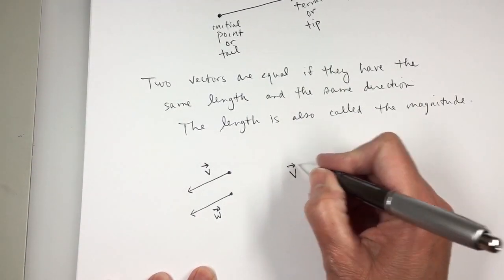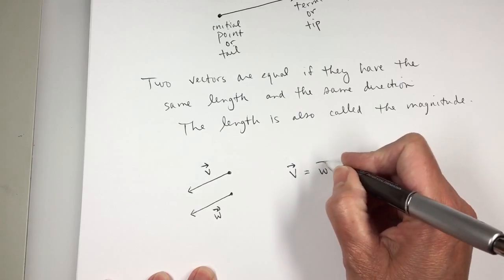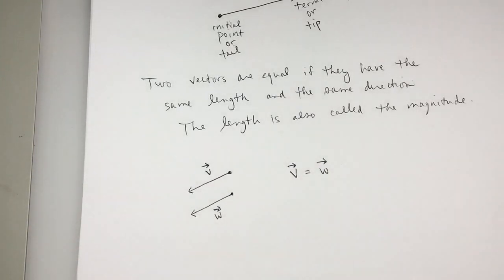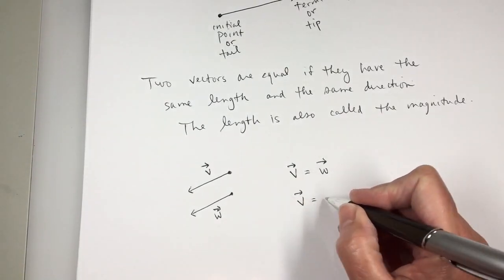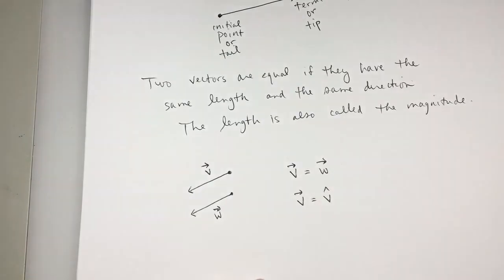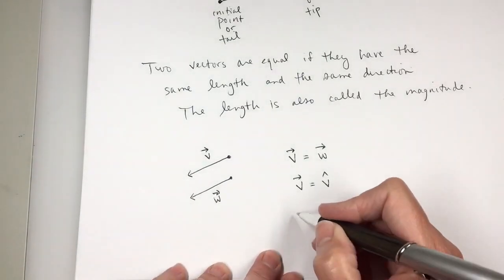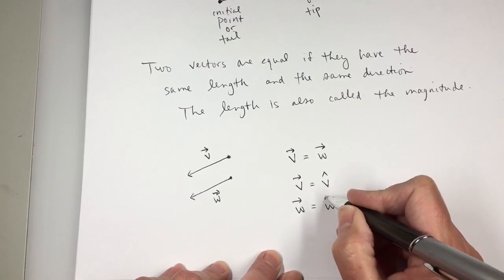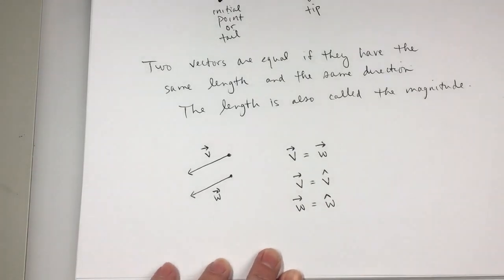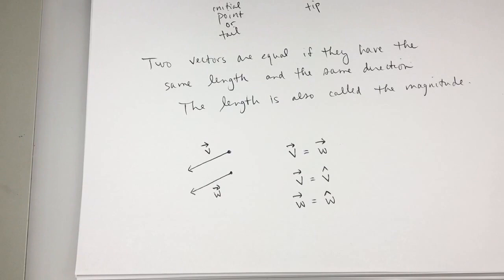I can say V equals W. Vector V equals vector W. You could also write vector V is V with that little hat symbol, W. It does not matter to me what symbols you use for the vectors.